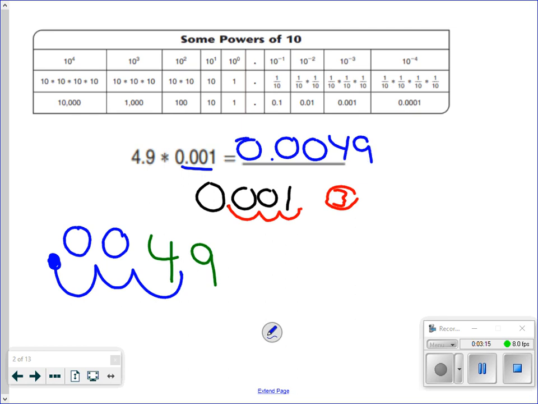Once again, this first 0 before the decimal doesn't really matter. So all I did was I took a look at this number here, counted how many numbers are after the decimal, and then I moved this decimal to my left as many times.